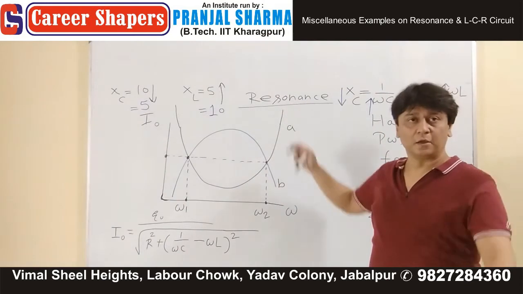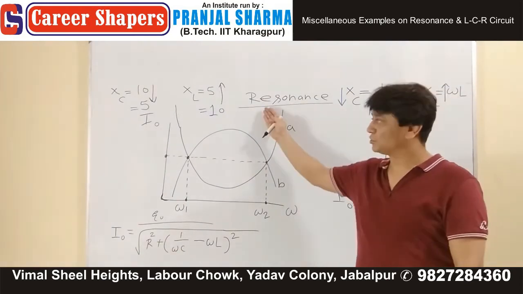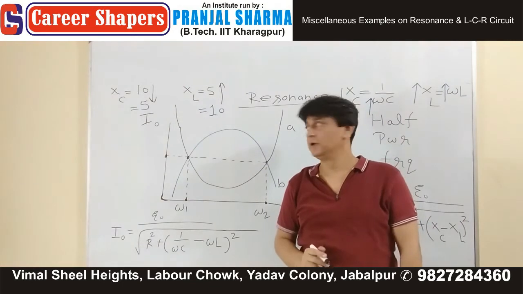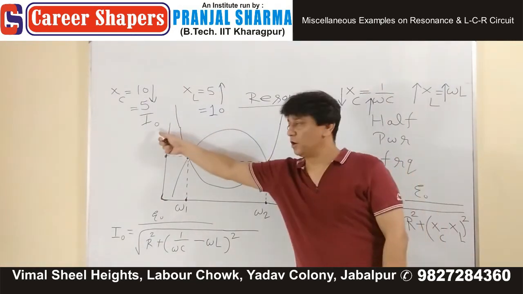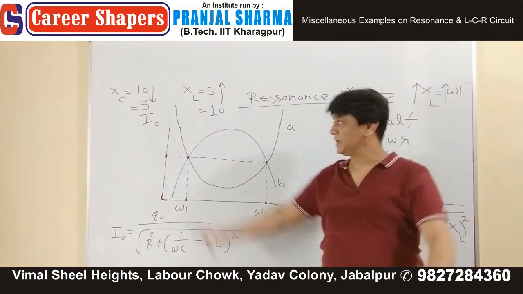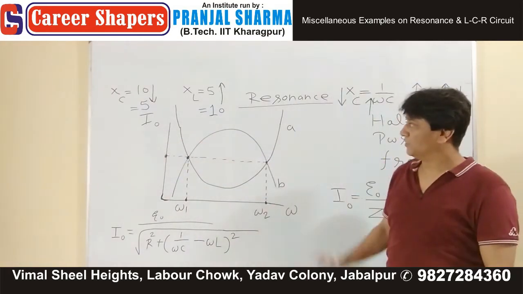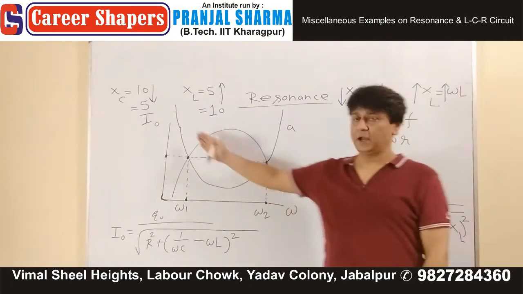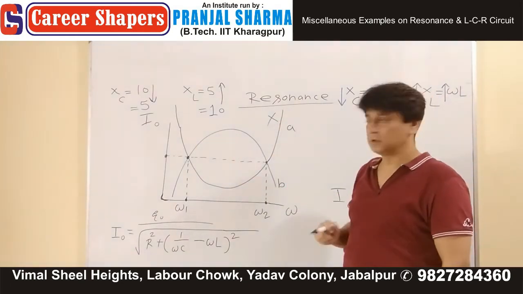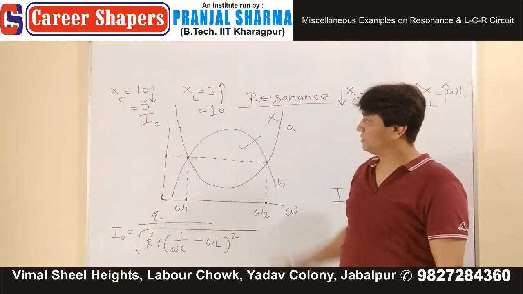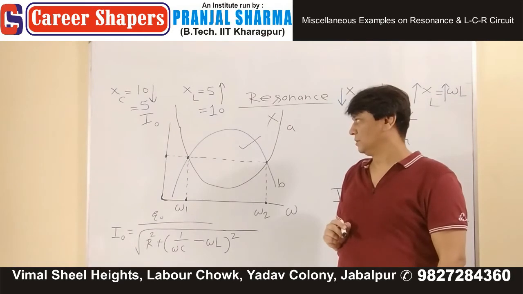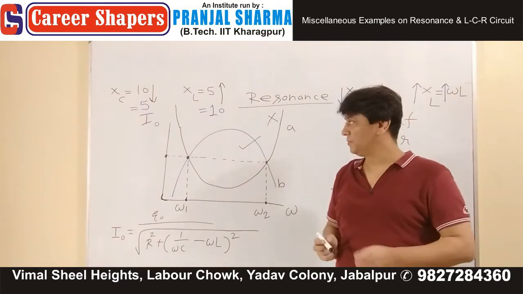Infinite. But you know that at resonance we get a finite value of I naught, or the finite value of peak current, and therefore type A is not possible. The shape of the graph should be of this type. This is the analysis part.